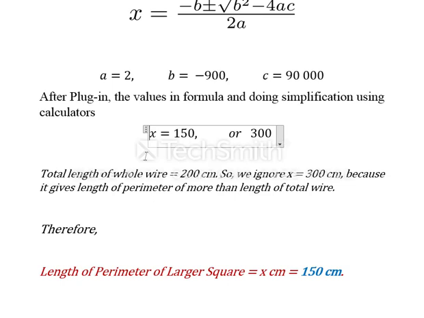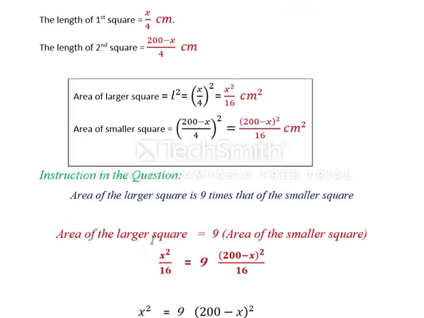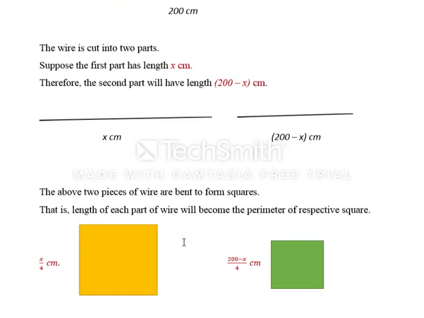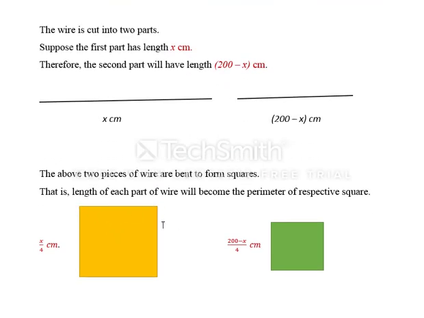Therefore, x is 150 centimeter, and in the beginning of the question we supposed x was the length of one piece of the wire. So let's come back to the question in the beginning. This was the x, and we used this wire to form this square, and this wire was used to cover all the boundaries of this larger square.